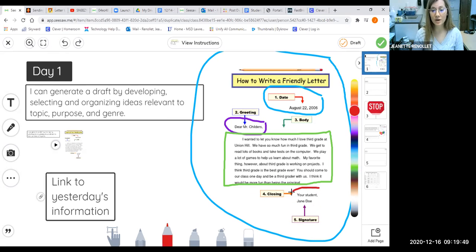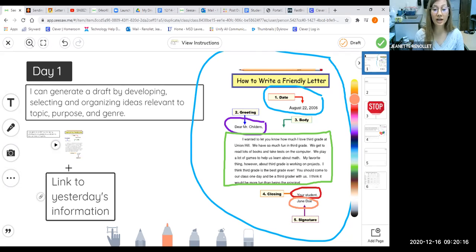The closing in this one says, your student. It's a way to say goodbye. And finally, the last part of this letter, number 5, is the signature. That means you sign your name so they know who it's from. Number 5 is the signature.